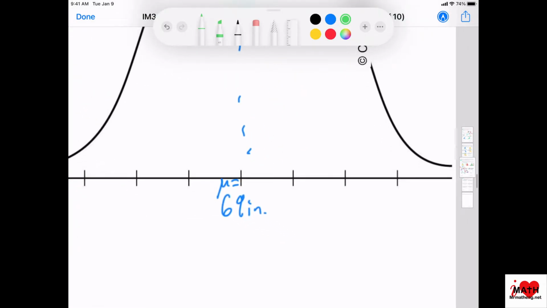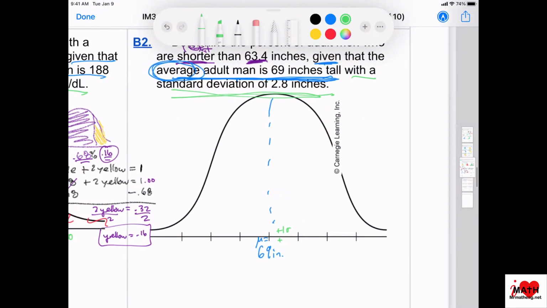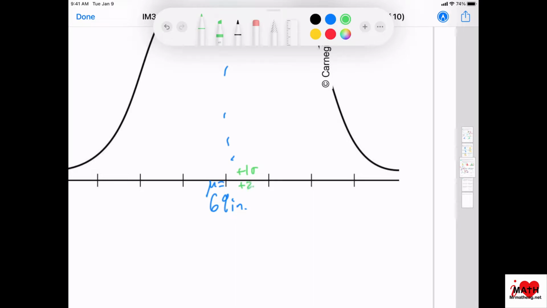What that means is going 1 standard deviation above means to add 2.8. And if you pull out your calculator, you'll get this one to be 71.8. And if it's 2 standard deviations, that's basically adding 2.8 to 71.8, this would give you 74.6.